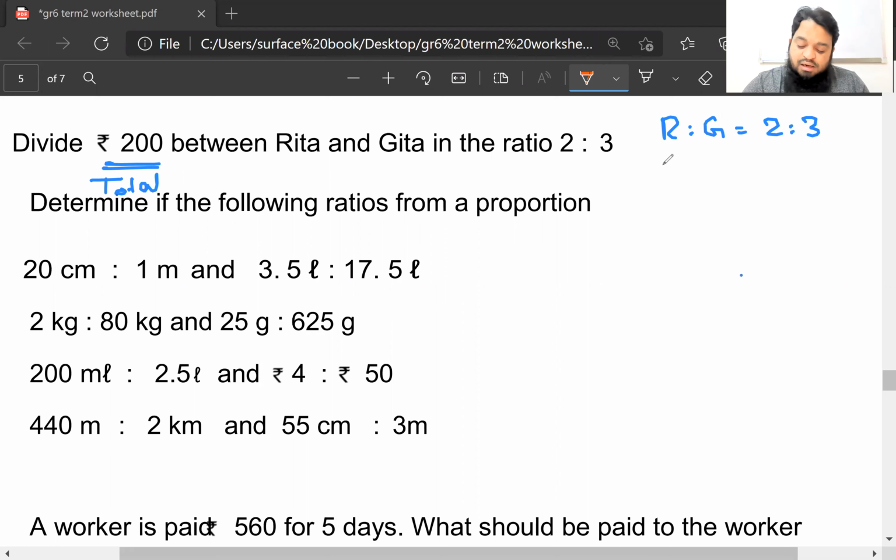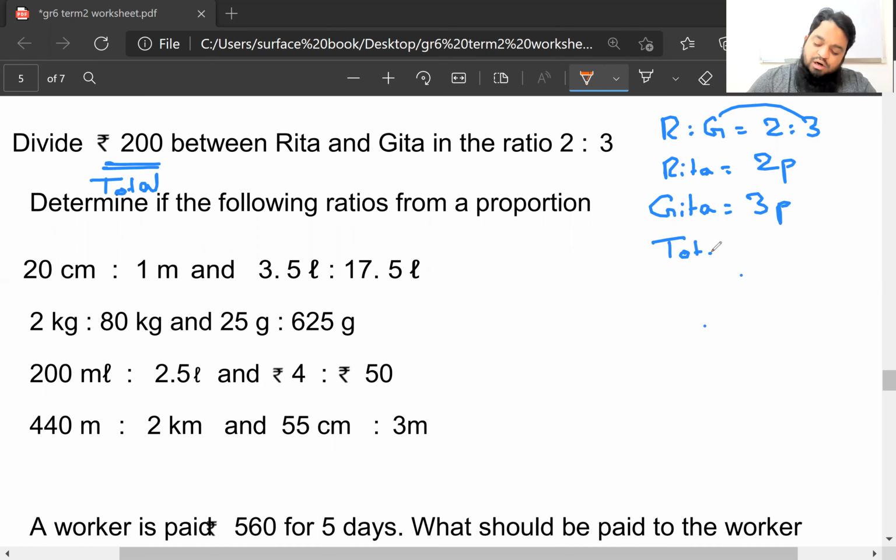So as I said, Rita is getting how many parts? 2 parts. And Geeta is getting how many parts? 3 parts. So in total how many parts? If we add 2 parts plus 3 parts, it becomes 5 parts. So that means we have to divide into 5 parts.